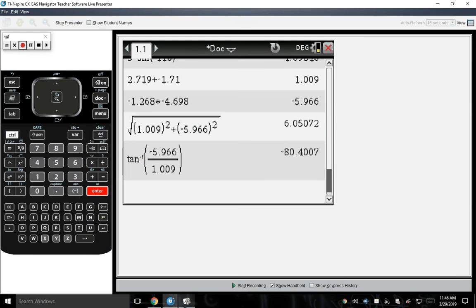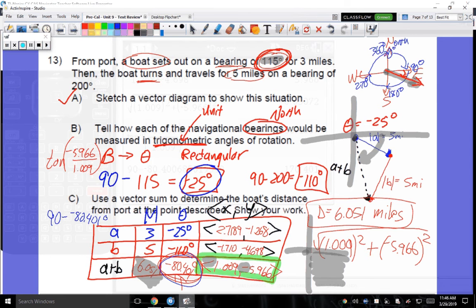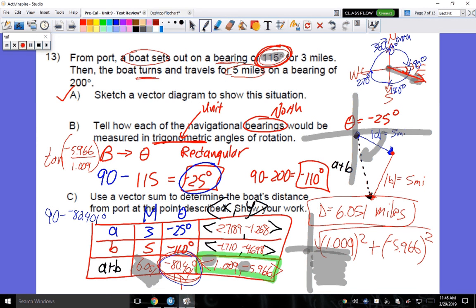So you would go to your calculator, 90 minus this answer, and you get 170.401. I know it's not asking, but it's extra practice. The bearing angle would be 170.401 degrees, with the rectangular angle being this negative 80. So we'll say the rectangular angle is equal to that. And that's how you would answer this one.